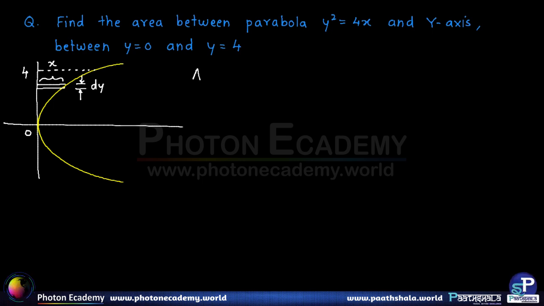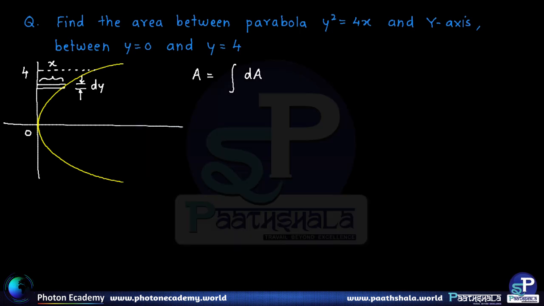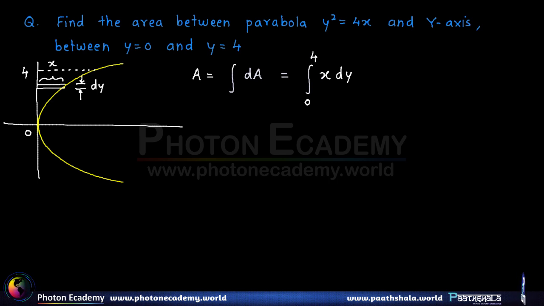So the required area is the integration of the areas of all the infinitely many horizontal strips. The area of one strip is x into dy. Here y is the variable of integration, and y varies from 0 to 4, which is given to us. So now we will have to express x in terms of y.